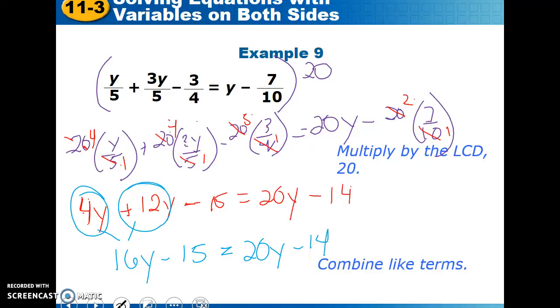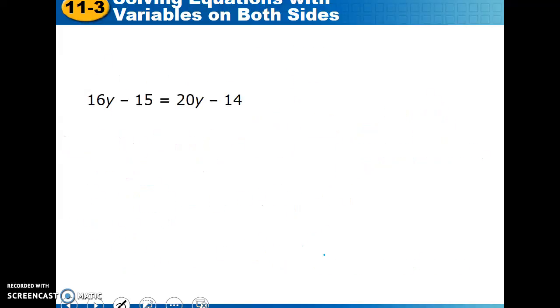So now we can just solve like normal, making sure to get our variables on one side. So at this point, which direction do you think we should go? Well, we could do minus 16y or minus 20y from both sides. Again, I want to keep these positive, so I'm going to do minus 16y and then minus 16y.